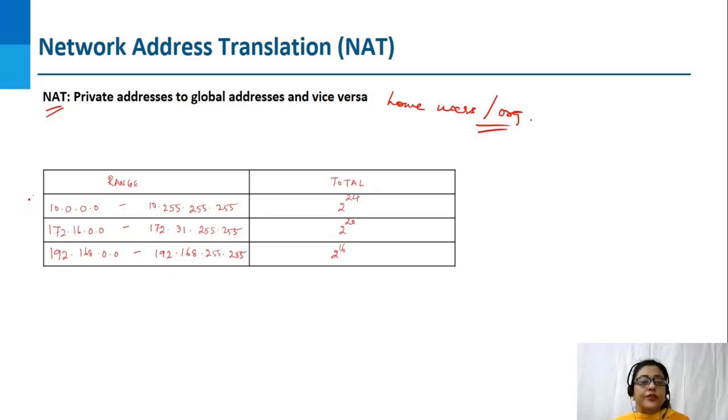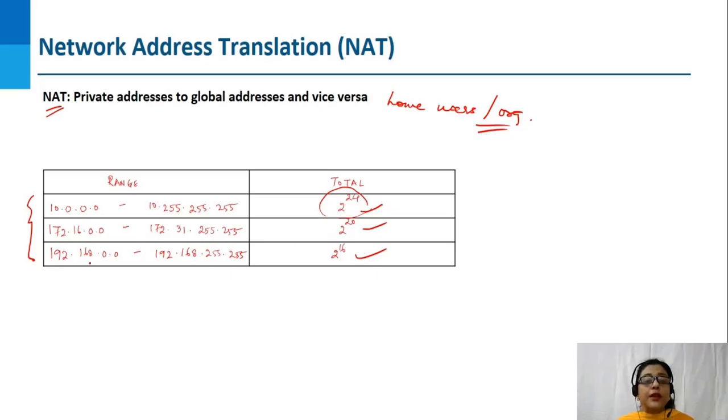This is the range of addresses that have been allocated to be used by anybody without any license. The range is 10.0.0.0 to 10.255.255.255, so a total of 2 to the power 24 addresses. The second block is 172.16.0.0 to 172.31.255.255, so 2 to the power 20.